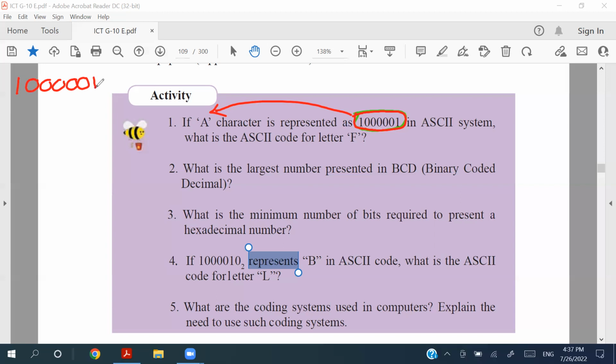If you think about the place values, what are they going to be?